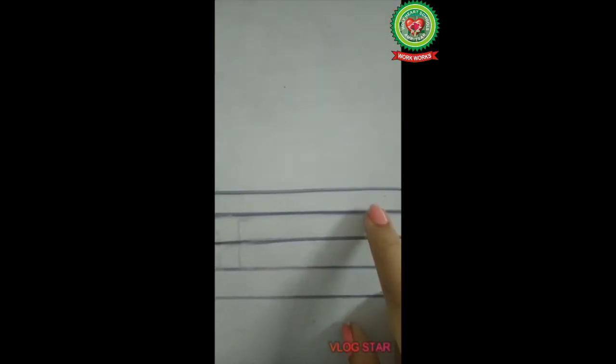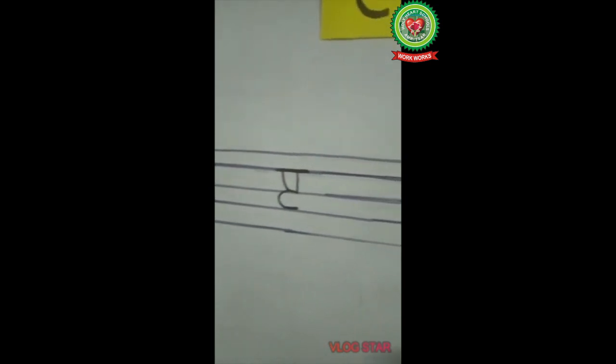For teaching you ED, I have drawn 5 lines. But I will use only 3 lines to draw ED. I will not use the first line and I will not use the last line. I'll draw ED like this. For that, starting from the second line, I will draw a sleeping line like this.